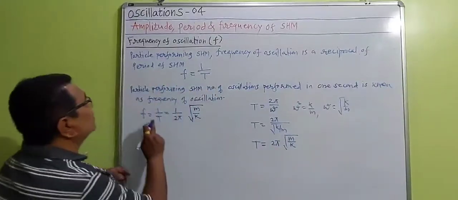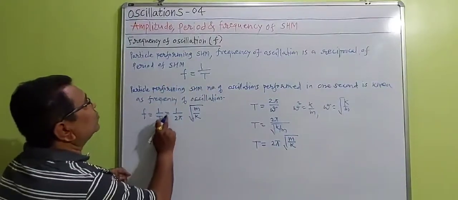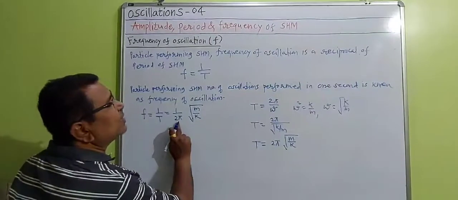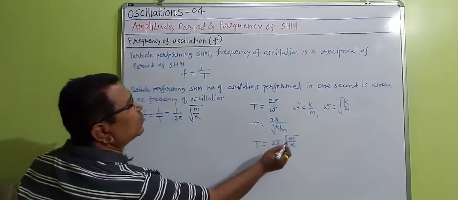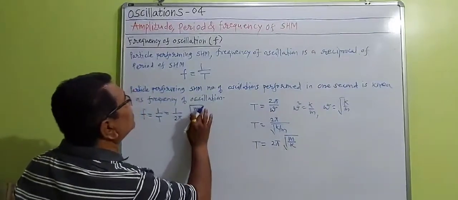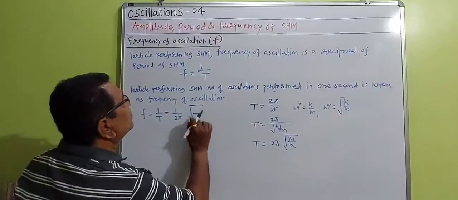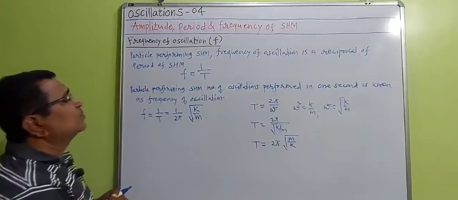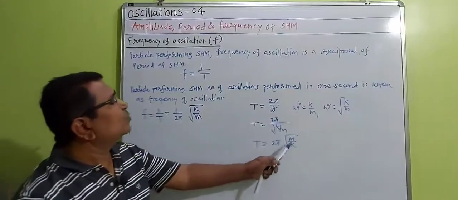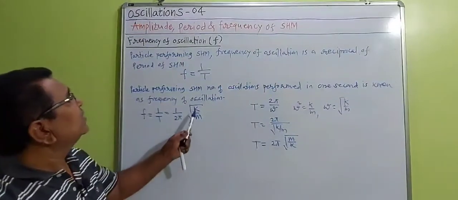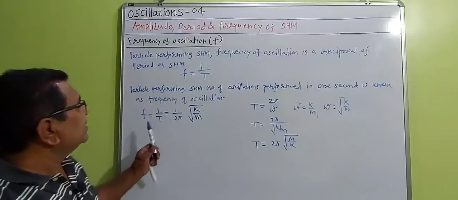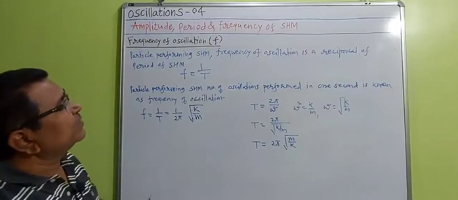So we get f is equal to 1 upon T, the reciprocal of 2 pi is 1 upon 2 pi, and the reciprocal of root of m upon k is root of k upon m. This is the formula of frequency.